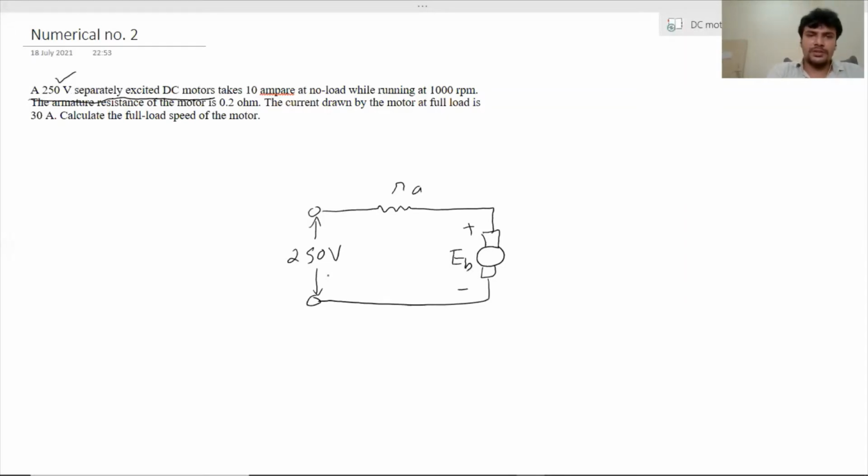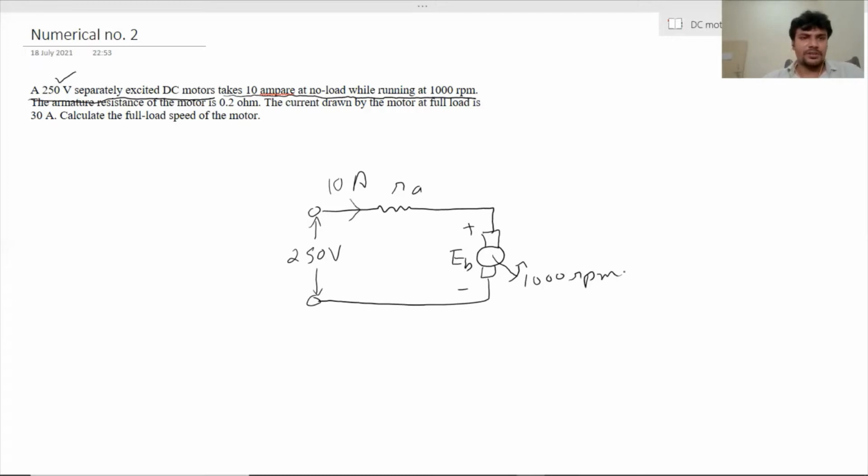This is supplying 10 amperes of current to this machine, and it is running at how much RPM? It is taking 10 amperes at no load. There is no load on the motor, and it is running at 1000 RPM.